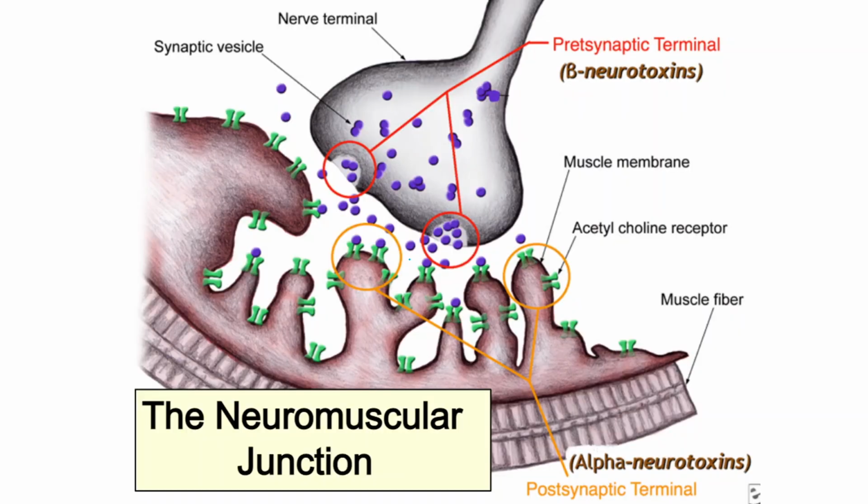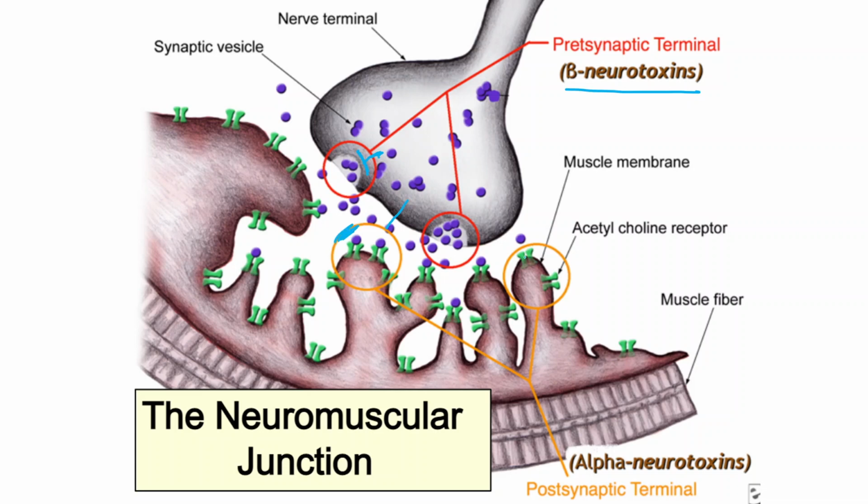This brings us again to the neuromuscular junction. This is the presynaptic terminal that I was talking about. Your beta neurotoxins act on these presynaptic junctions, and your alpha neurotoxins travel through the synapse and act at the postsynaptic junction.